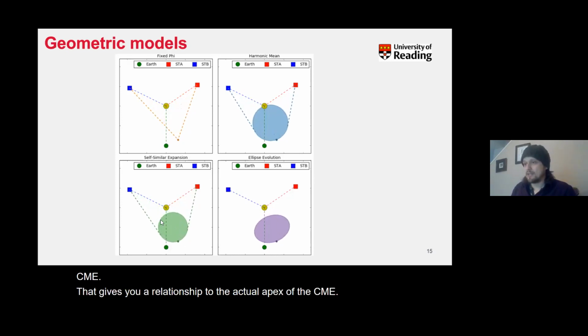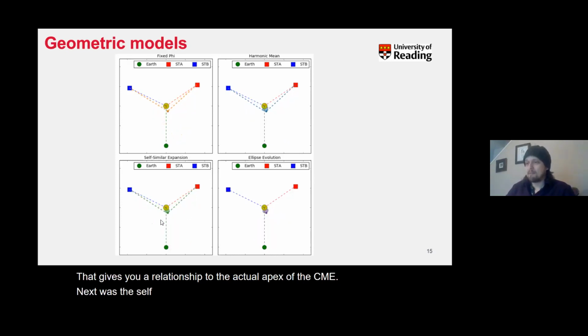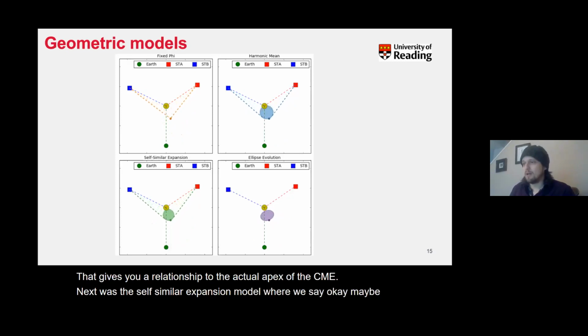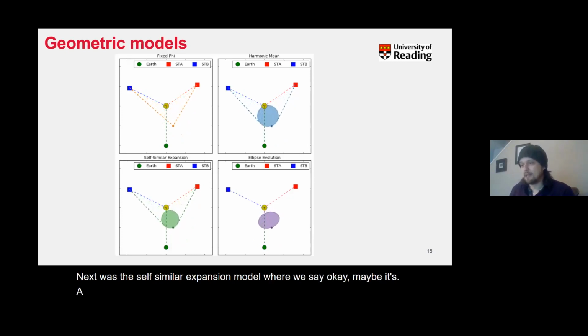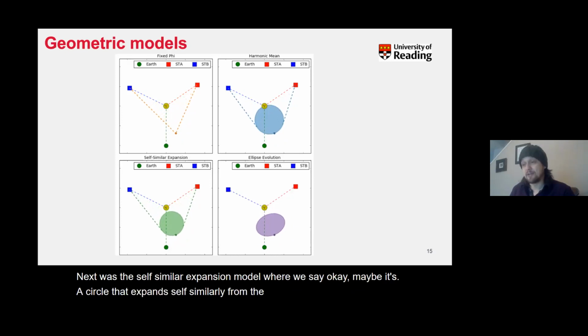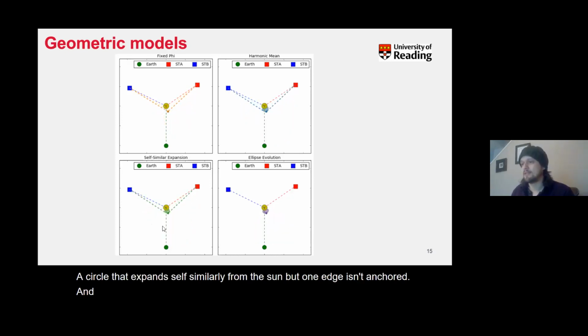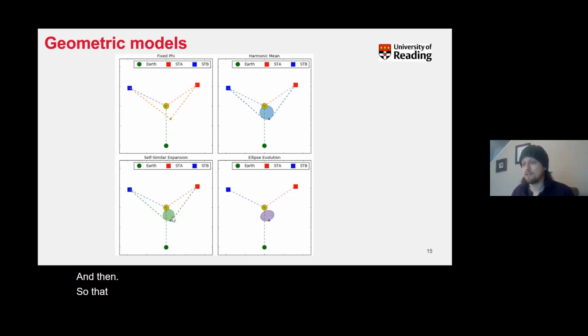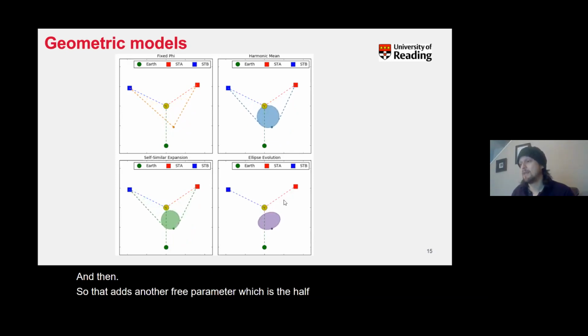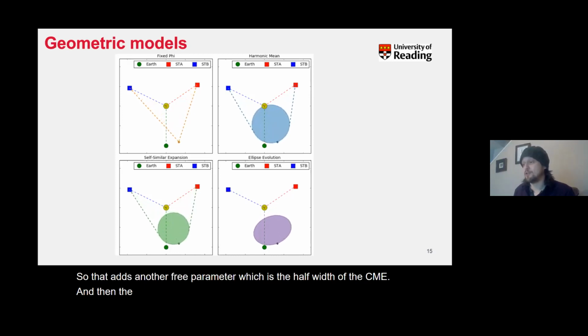Next was the self-similar expansion model, where we say, okay, maybe it's a circle that expands self-similarly from the sun, but one edge isn't anchored. That adds another free parameter, which is the half width of the CME. And then the final version is the ellipse evolution method.